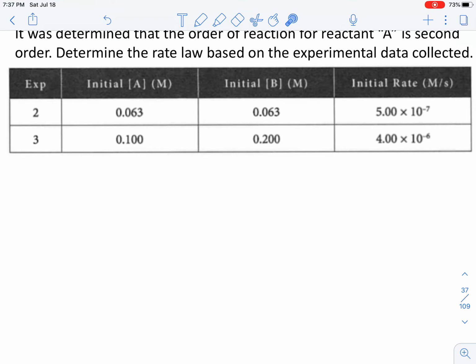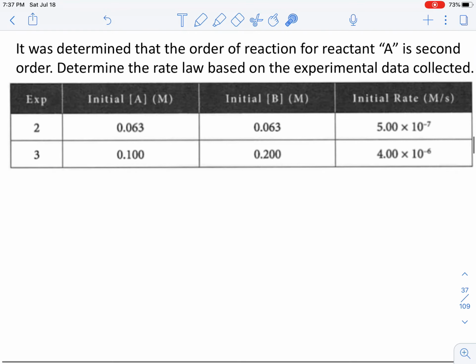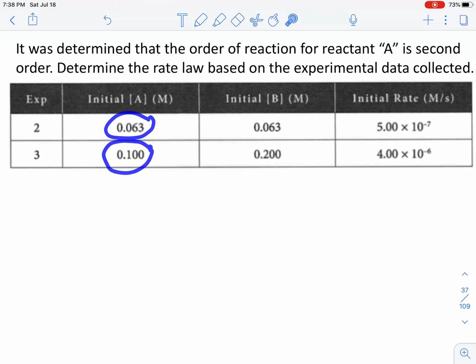So here in this case, we're only focusing on two experiments, experiment 2 and experiment 3. And so this reaction has nothing to do with a previous example. This is just a whole new example, whole new scenario. And so I want you guys to look at the initial concentrations. And so notice that the initial concentration of A is not the same, and the initial concentration of B is not the same for these two experiments.